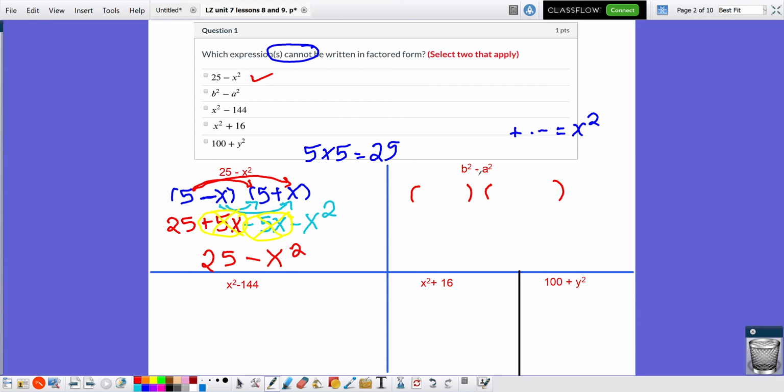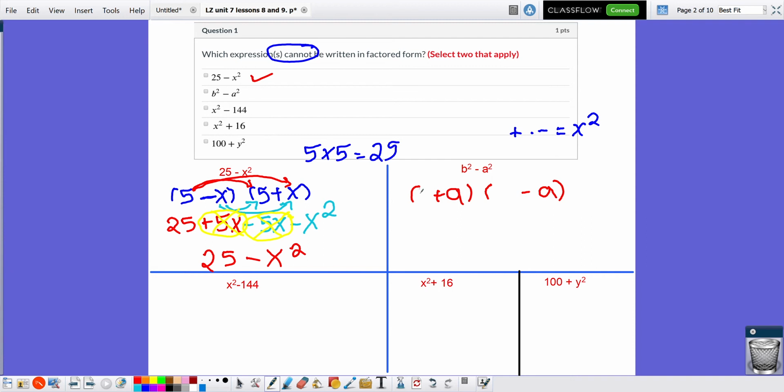So here I have negative a squared. So I know that I have a here and a here, and I have negative a squared, which means that I need one number that is positive and one number that is negative to give me negative a squared.